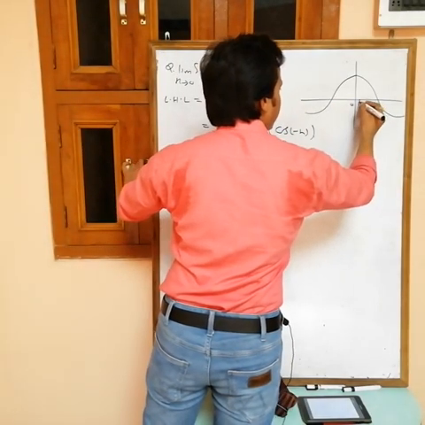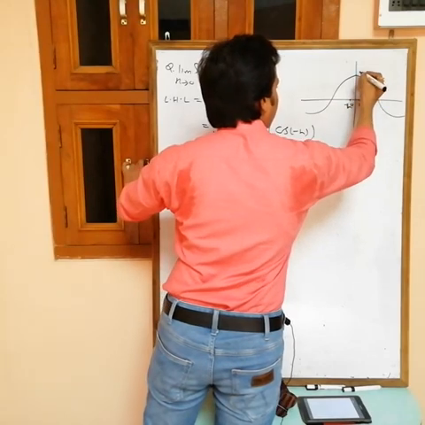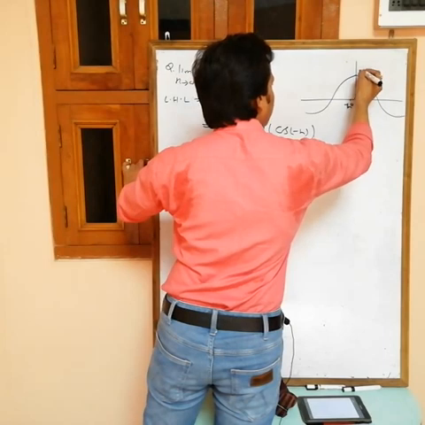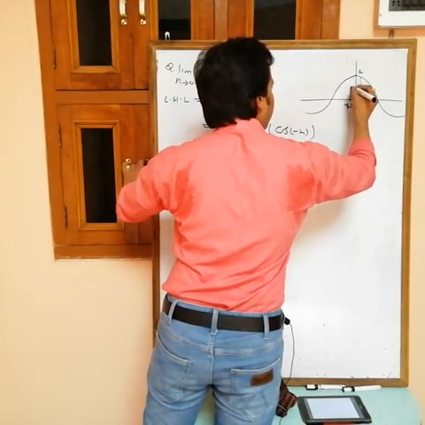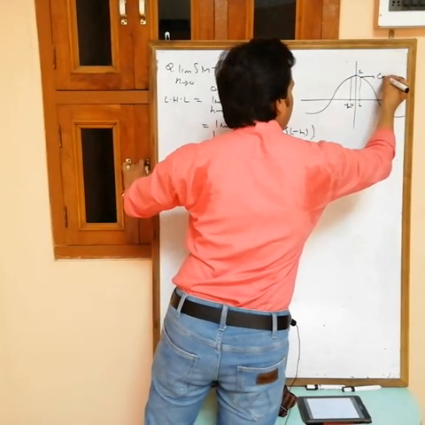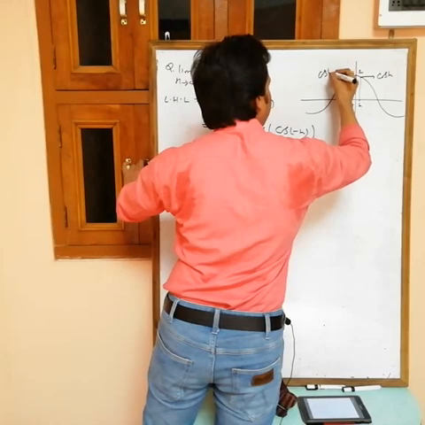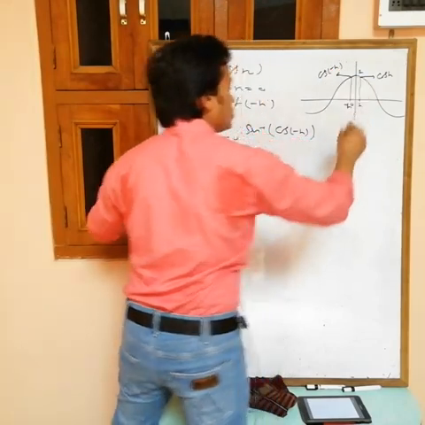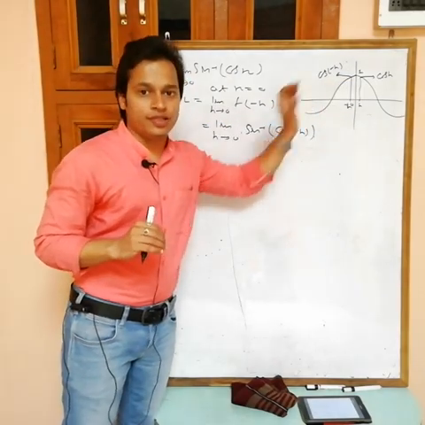This is 0, this is h and this one is minus h, and here this one is 1. This is the value of cos h and this is the value of cos of minus h. Now cos of minus h is not greater than 1, this one is just less than 1.